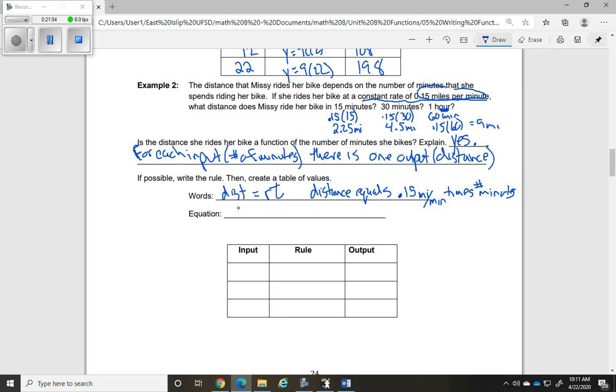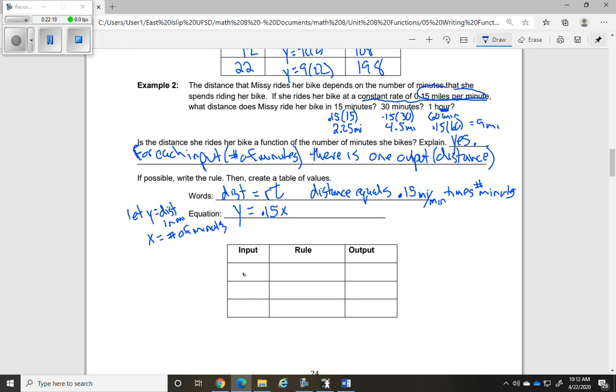So I'll use y for distance, 0.15, and I will use x for minutes. I just let y equal the distance in miles, and I let x equal my number of minutes.